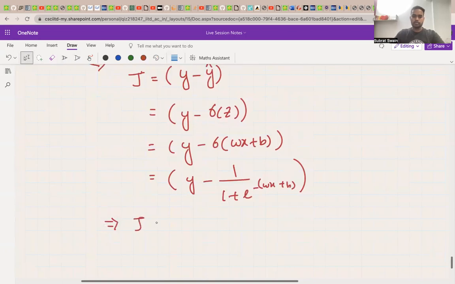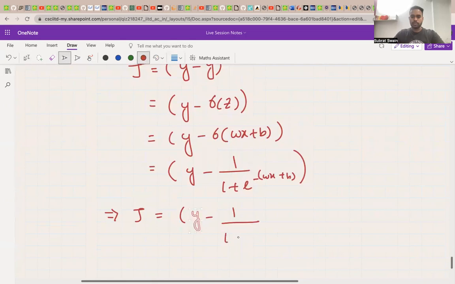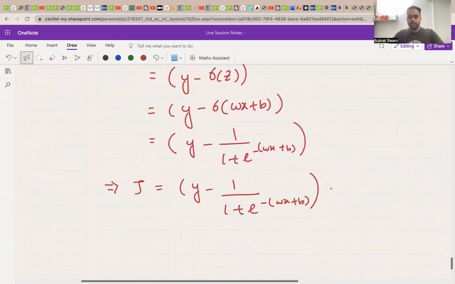Hence my loss is Y minus 1 by 1 plus e to the power minus (Wx plus B). This is a mathematical formula where the loss is defined like this.